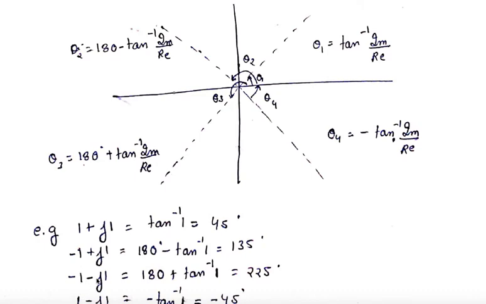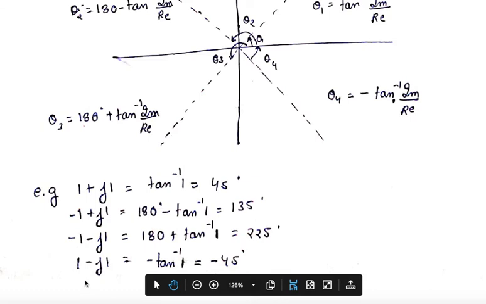Then next is minus 1 minus j1, both are negative means third quadrant, and in third quadrant the phase will be written as 180 plus tan inverse imaginary by real. So again the magnitude is 1 and 1, so it will be tan inverse 1, which is 45 degrees. So 180 plus 45 degrees is 225 degrees.